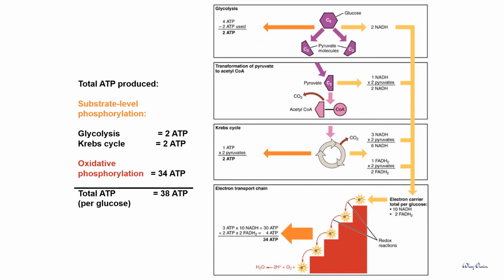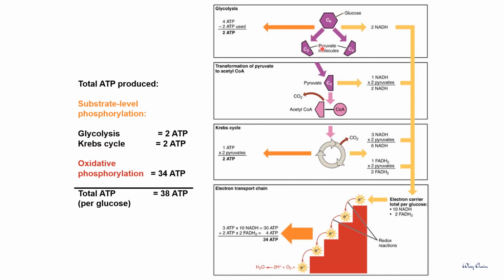So now we look at the total of ATP molecules that can be produced from one glucose. As stated in the beginning of this topic, ATP can be produced by two modes, which are substrate level phosphorylation and oxidative phosphorylation. Substrate level phosphorylation can occur during glycolysis and Krebs cycle.